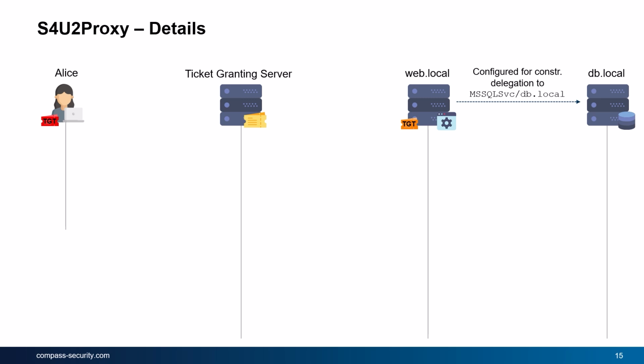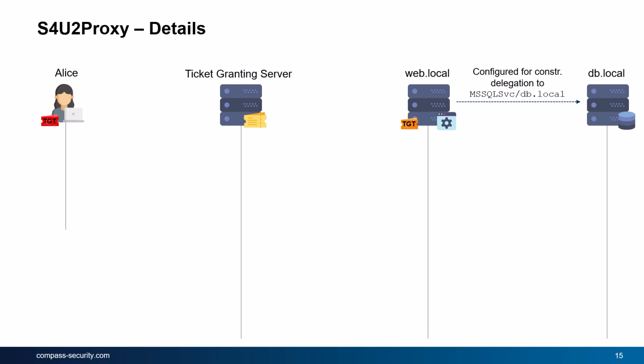And then we have our front-end service here called web.local, also with its own TGT already, and the backend service db.local. The front-end service in our case is now configured for constrained delegation with Kerberos only mode to the database. So that means whenever Alice connects to the web server, it can then impersonate Alice against the database server.